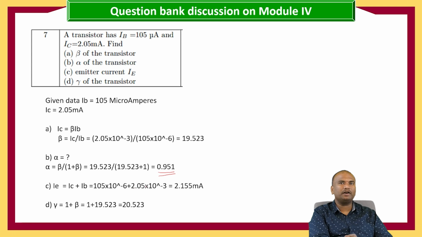If we add 0.105 to 2.05, this will become 2.155 milliamperes. Now gamma is equal to 1 plus beta, which is equal to 1 plus 19.523, which is equal to 20.523.